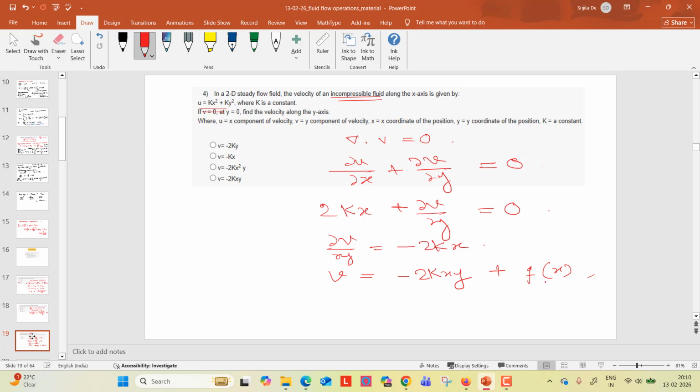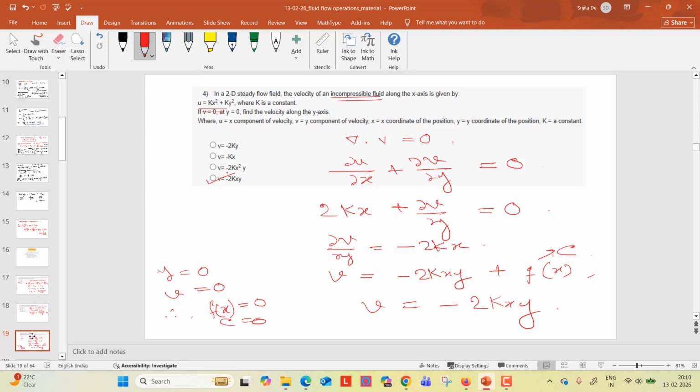It is already said that at y equals 0, v equals 0. That means f(x) is 0, or you can consider it as a constant c, which is 0. So the expression is v equals minus 2kxy. So this is option 4.